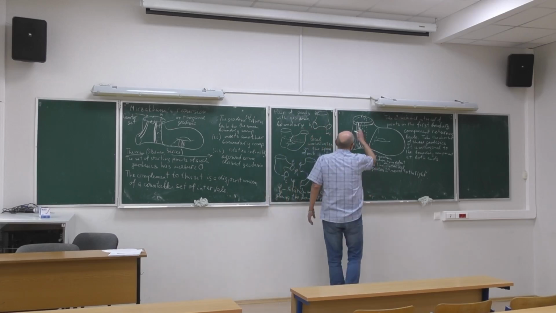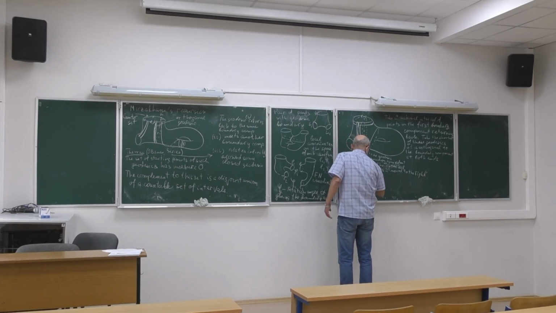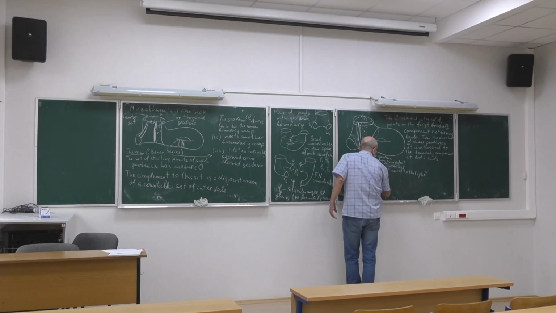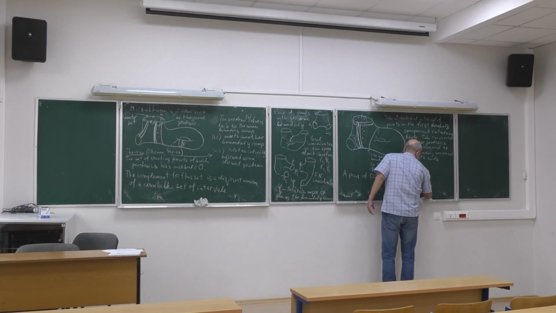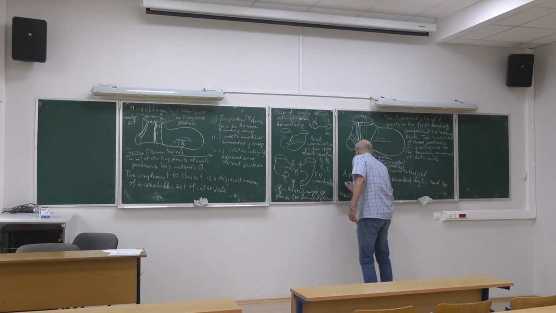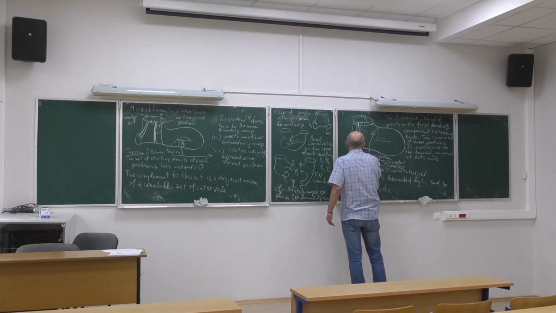So, in this case, I obtain a pair of pants bounded by L1 and 2 geodesics, alpha 1. This L1.